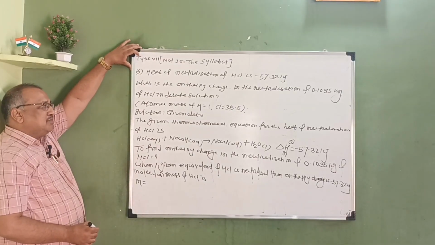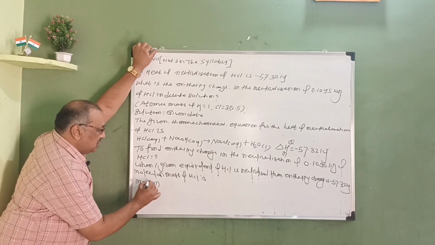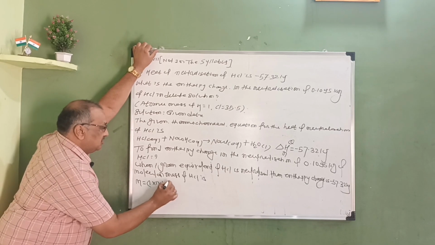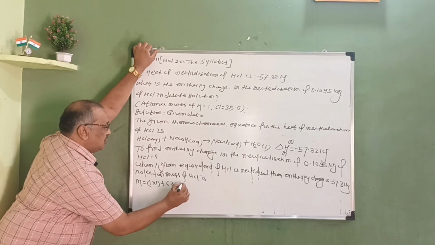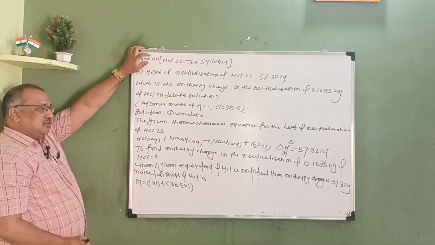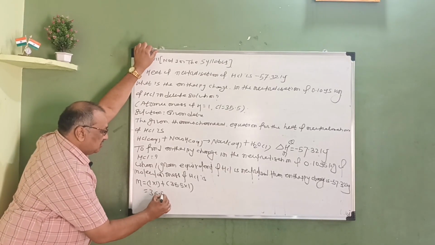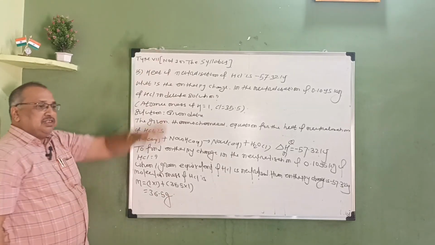What is the atomic mass of hydrogen? 1. But there is only one hydrogen, that is 1 into 1 plus atomic mass of chlorine is 35.5 into 1, because there is only one chlorine atom. That means your answer is 36.5 gram.